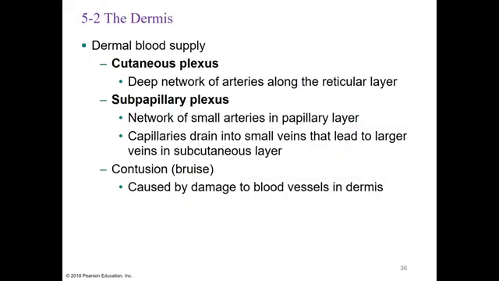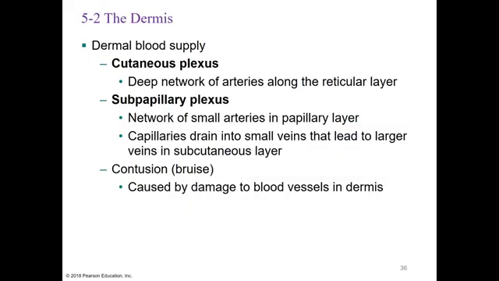It has a cutaneous plexus, a deep network of arteries along the reticular layer of the dermis, and a subpapillary plexus, right under the papillary layer, which is a network of small arteries in the papillary layer. Capillaries drain into small veins that lead to larger veins down in the subcutaneous layer. I'll show you what those look like.